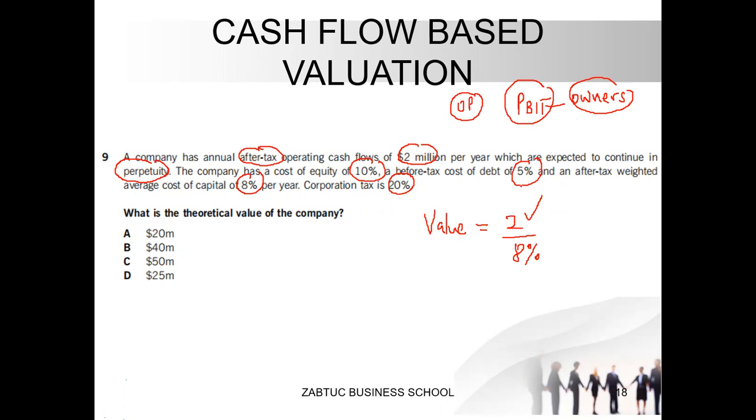So the cost of capital that we must use here includes both the shareholders and the bondholders. And a figure which is in perpetuity, its value is equal to that figure divided by discount rate. So when you divide, what do you get? 25.